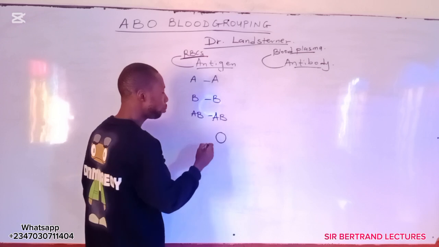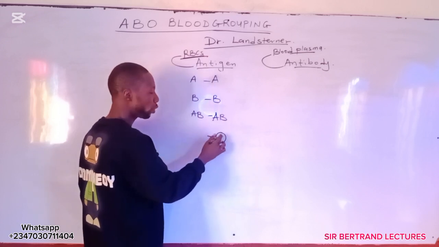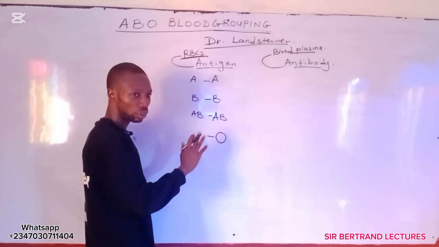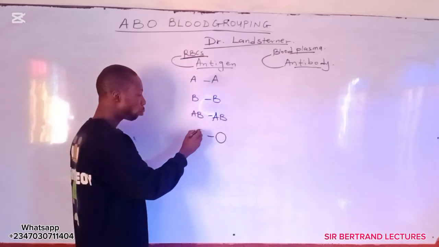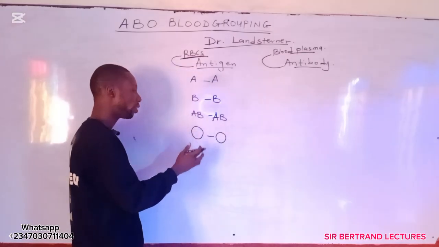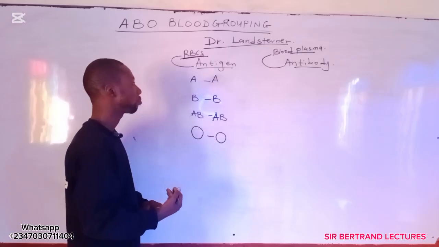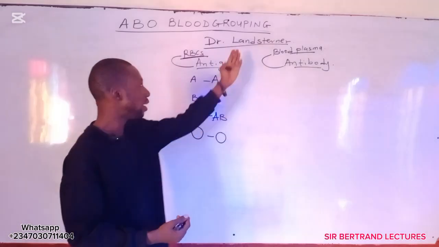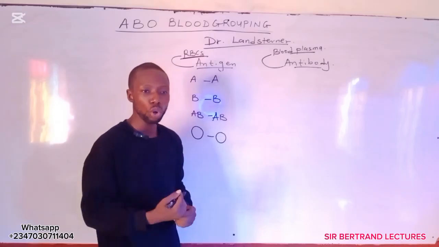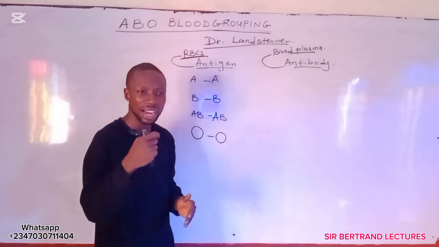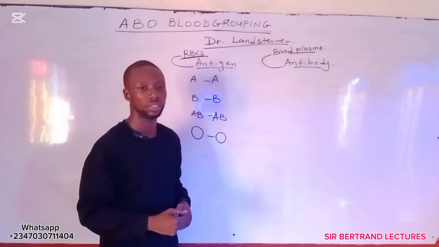This is said to be blood group 0 because of the absence of these antigens. None of the antigens is present, so they belong to blood group 0, which was later renamed blood group O.